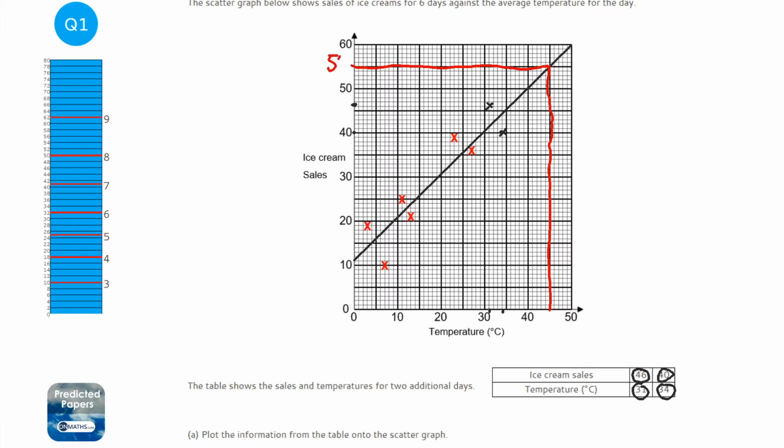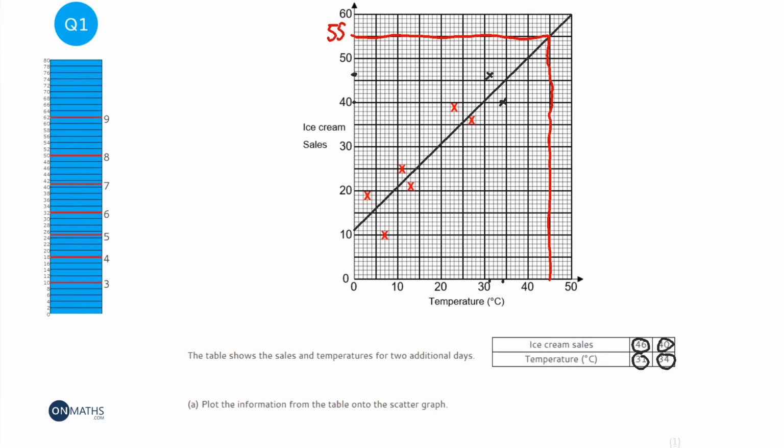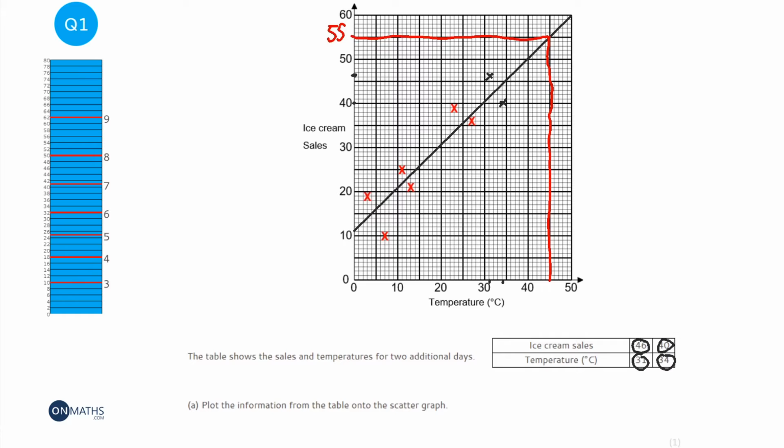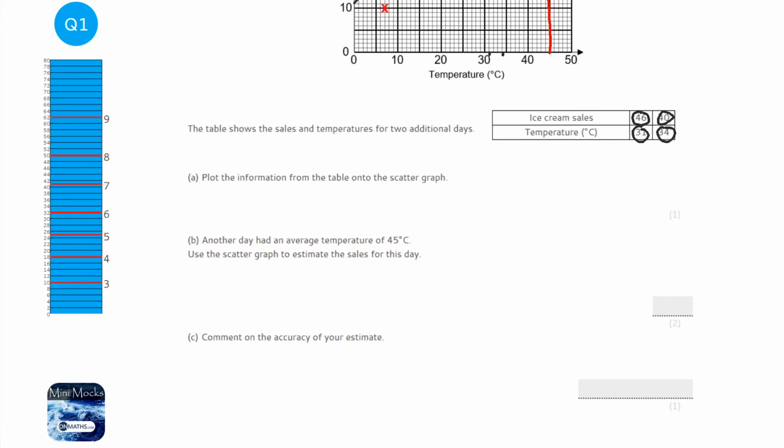Now, to me, that looks like about 55. But if you had the same question and you came up with a different answer of 54 or 58, it still can be correct because you might have drawn a slightly different line of best fit. So don't worry if you sit down next to someone, do the same question and get a slightly different answer. Just draw the lines, straight lines, unlike mine, onto your diagram to show the examiner that you worked it out. So we've got 55 sales we're predicting.